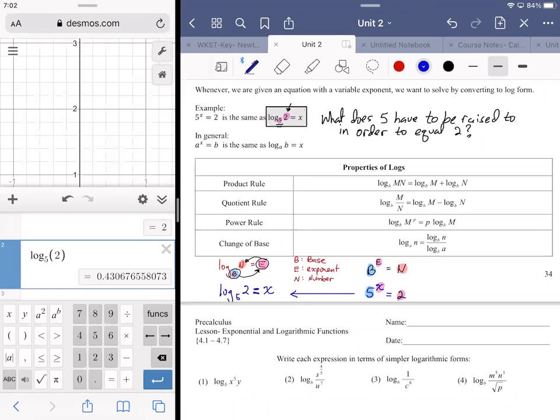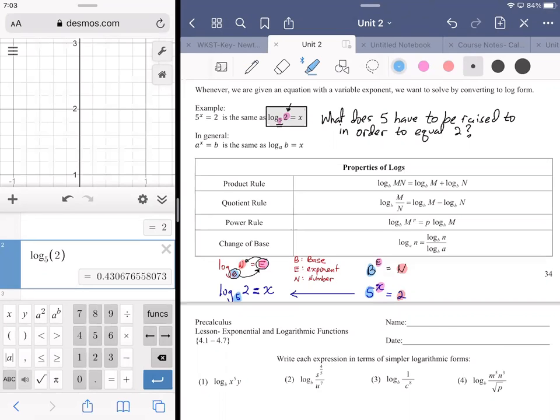Some people don't like that method. There's a slightly different approach that some folks will use. It's really just a matter of finding the mnemonic device that works for you. There's plenty of options online, but the one that people gravitate towards the most, aside from this approach, is the idea that the base of the exponential and the base of the logarithm are always going to be the same.